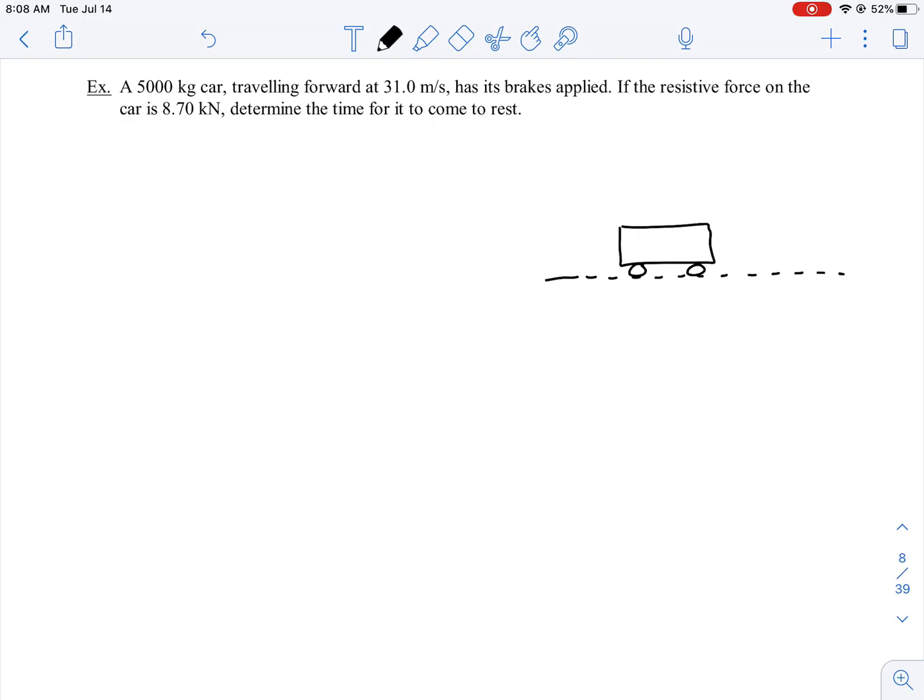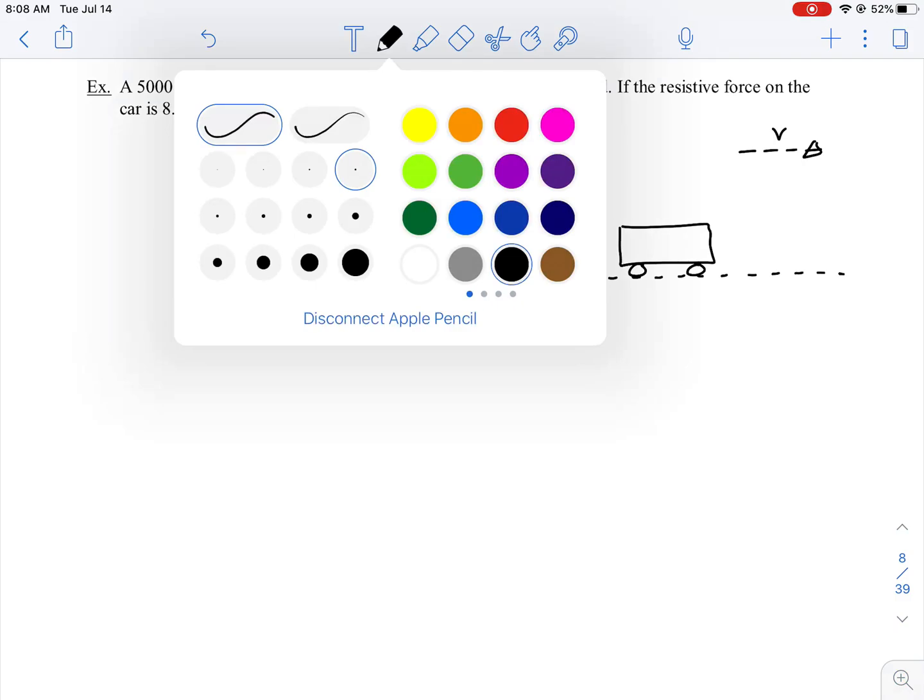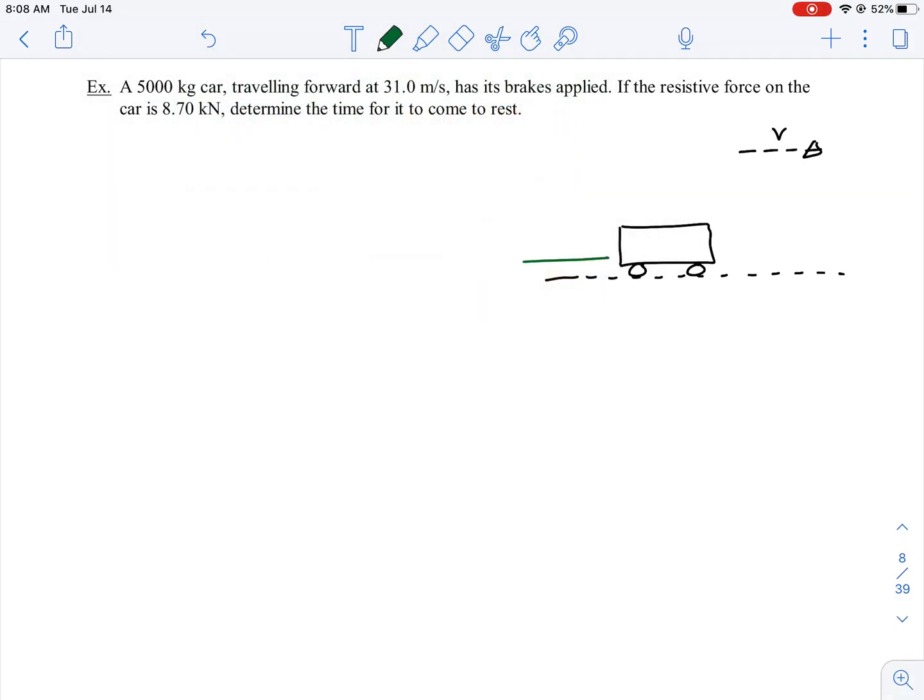We know it's moving forward at 31 meters per second. That's its velocity. We can put that up here. And we know that there's a resistive force on the car of 8.7 kilonewtons. So we'll just call that FR, for resistive force. Make sure you change to standard units.